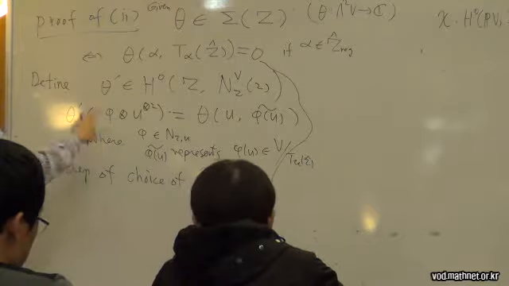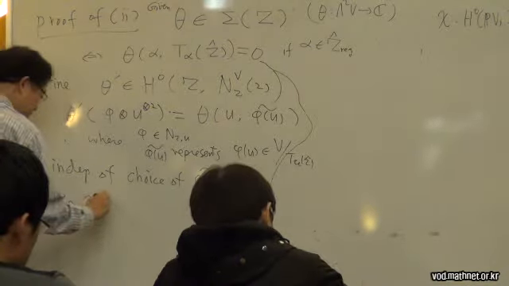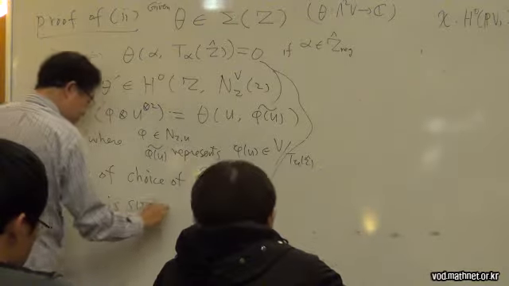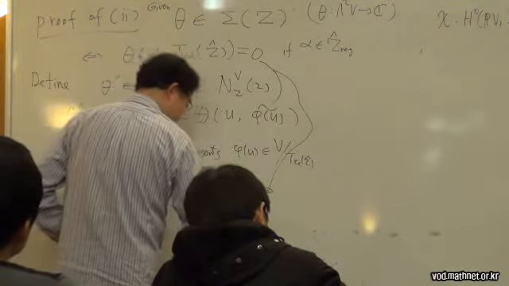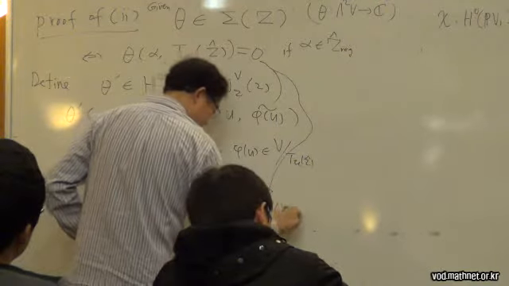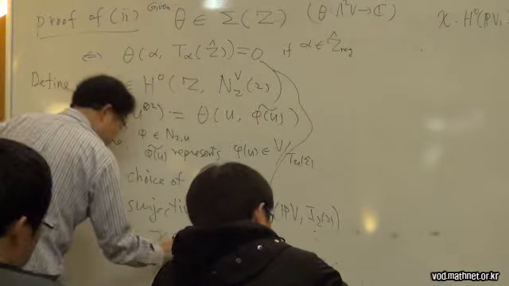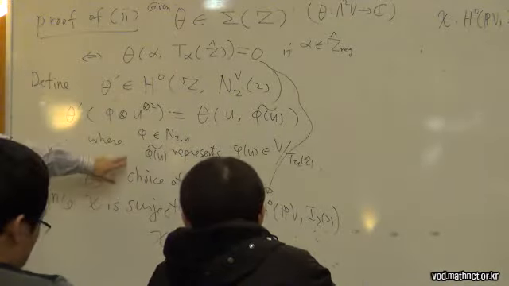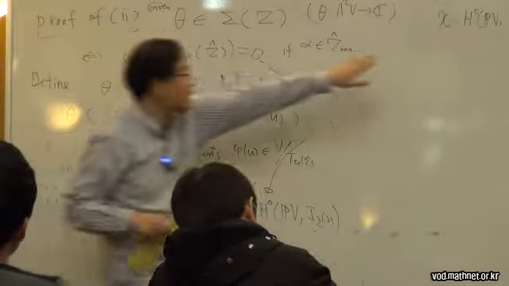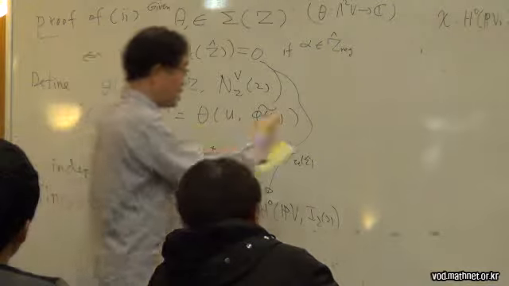So now, since chi is surjective, there exists Q such that chi(Q) equals theta prime. So theta prime is an element here, and chi is surjective, so there must be a quadratic form with this property.